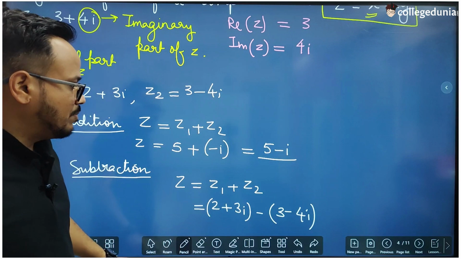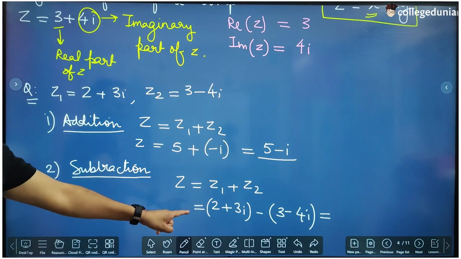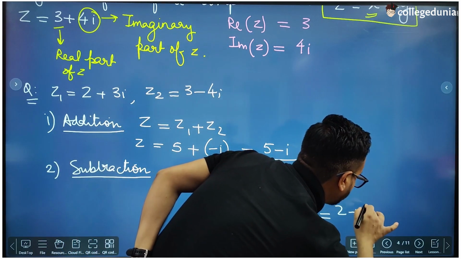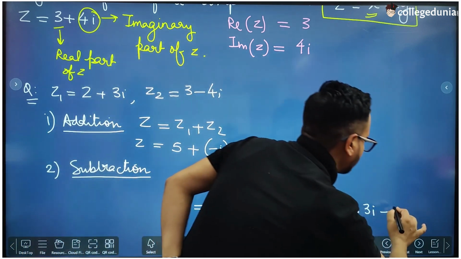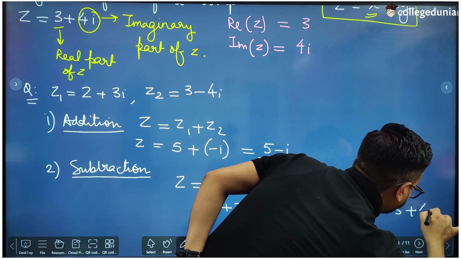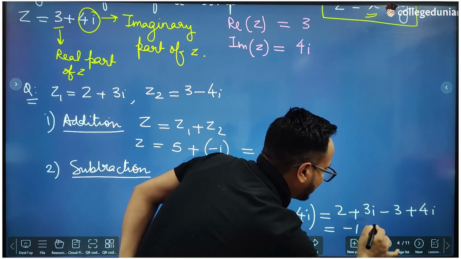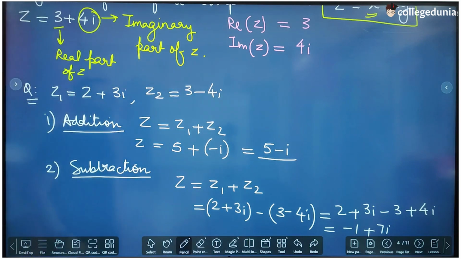Okay, now open this bracket. Let's write one more step. So it is 2 plus 3i minus 3 plus 4i. So the answer is 2 minus 3 is minus 1 plus 7i. So this is the subtraction of complex numbers.